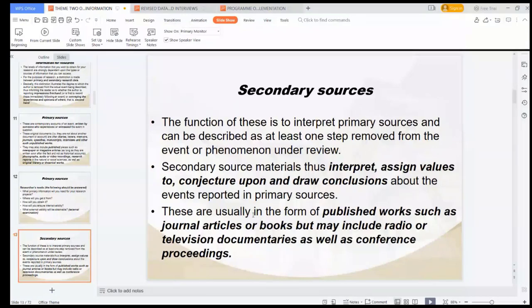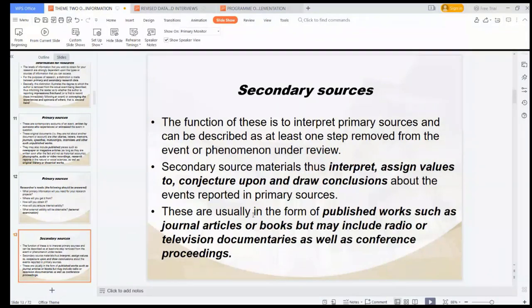Secondary source materials interpret, assign values to, conjecture upon and draw conclusions about the events reported in the primary sources. So we can interpret and say, this first account of the manna that fell in the DRC, in Congo, was because people were hungry, or because people had prayed, in any way in which I can interpret.